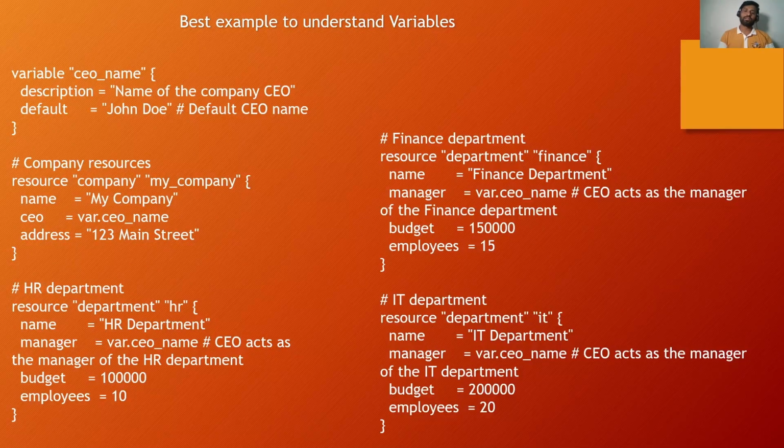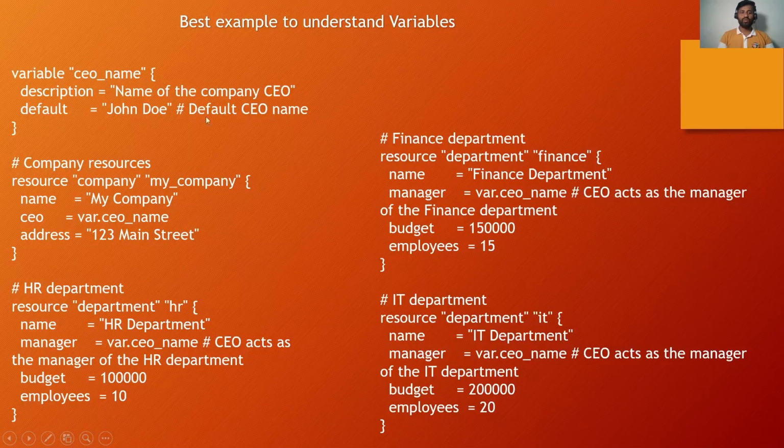Then suppose there are 10,000 plus documents with the CEO name. Is it possible to change it manually? No, right? For that purpose also we can use variables. I have given one example here purposely. See, variable ceo_name. We are giving the name to that variable as ceo_name, with description: name of the company CEO. Then default John Doe.